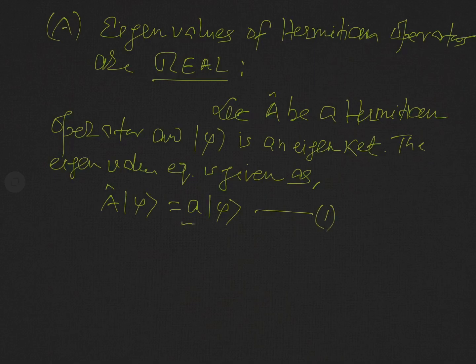Here a is what? a is the eigenvalue of the operator A, which is a Hermitian operator. So a is equal to eigenvalue of A, and we have to prove that this a is real. It cannot be imaginary, not complex, but it will be always real. We want to prove it.